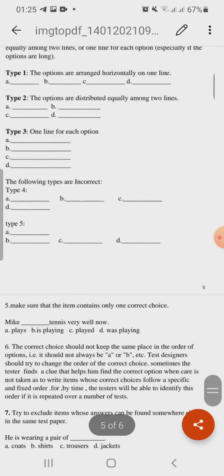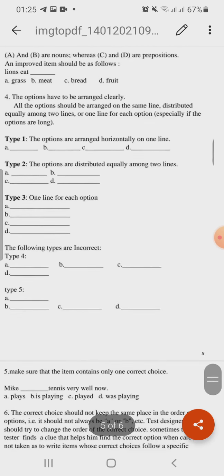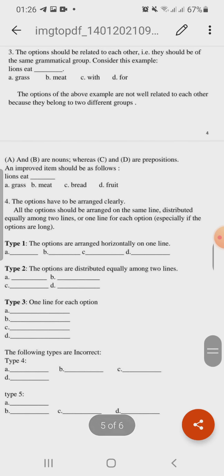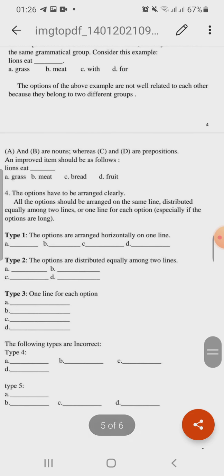Number three, the options should be related to each other. الخيارات يجب أن تكون مترابطة مع بعضها حتى لا يختار الطالب الجواب الصحيح بسهولة. They should be of the same grammatical group نحويا. Consider this example. Lions eat grass, meat, with or for.